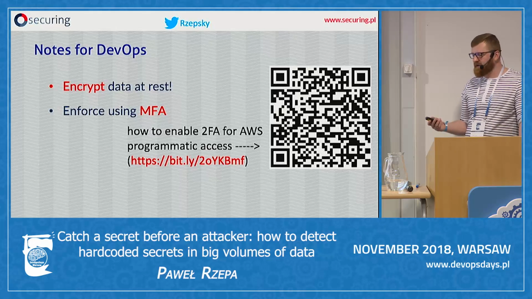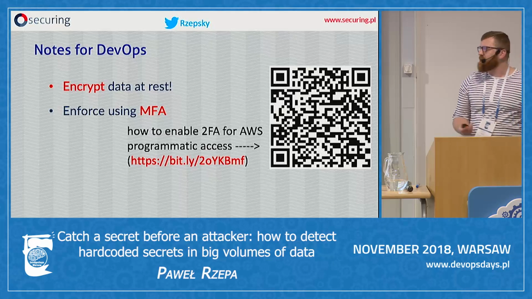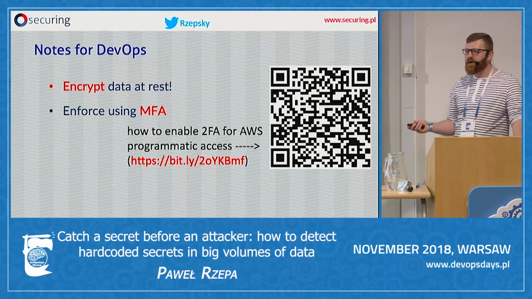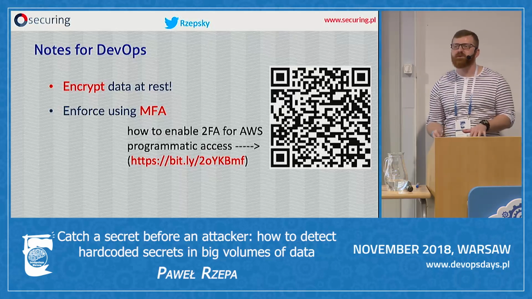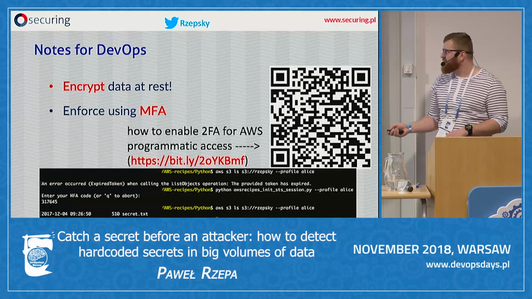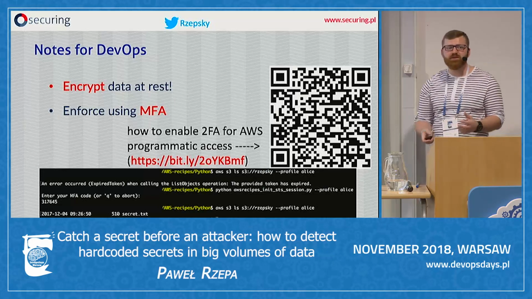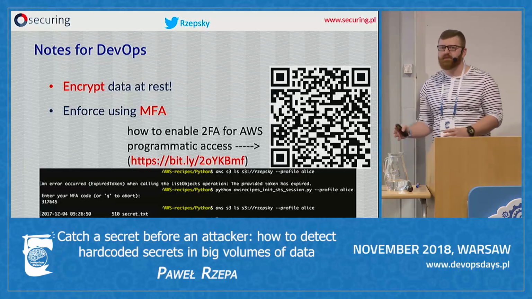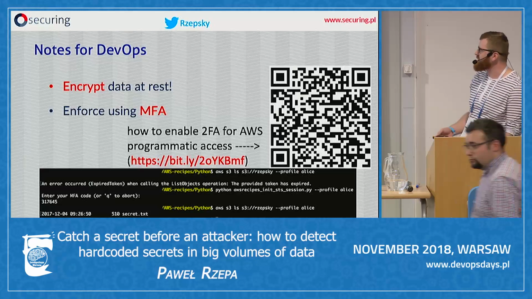Actually, it is not officially supported by the AWS CLI, but you can use, for example, AWS Recipes for forcing programmatic access to use Google Authenticator. And it looks like this. Here is the guide I wrote about how to use it, because you have to set up some policies to enforce people to use this multi-factor authentication.